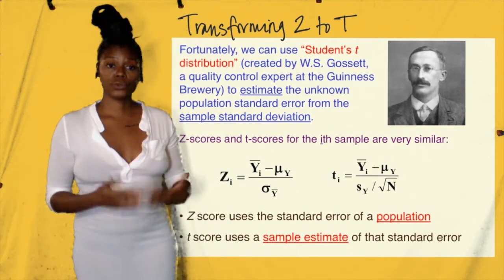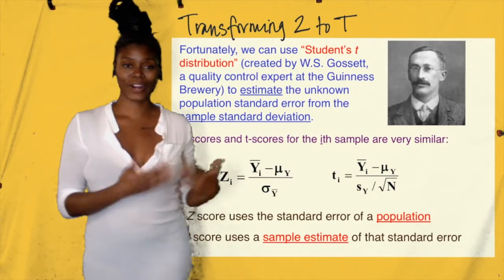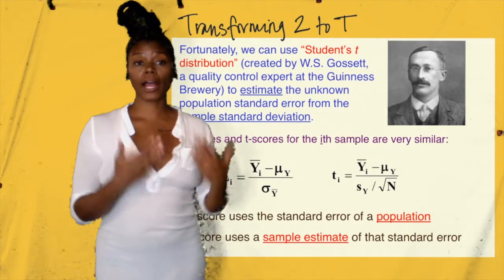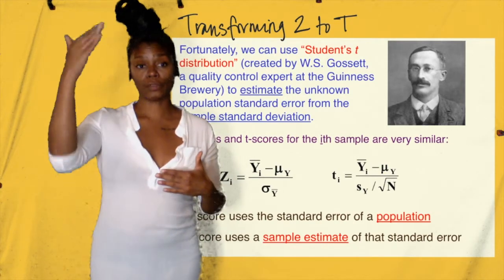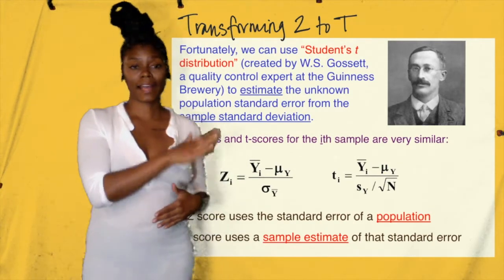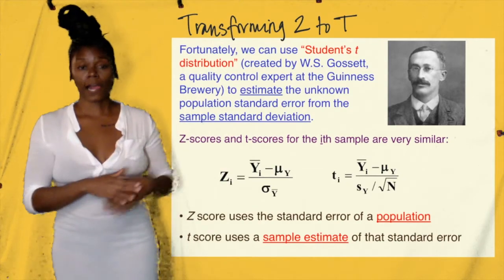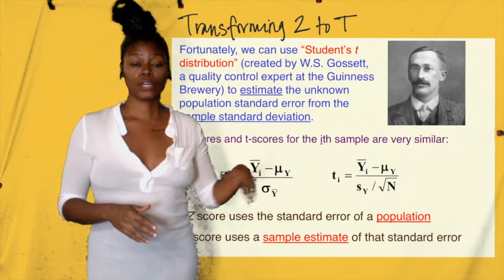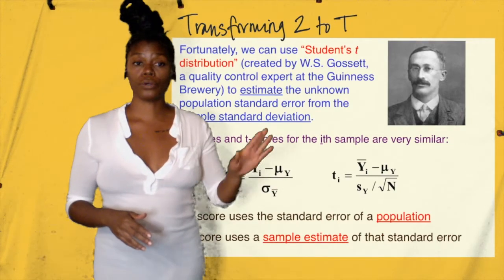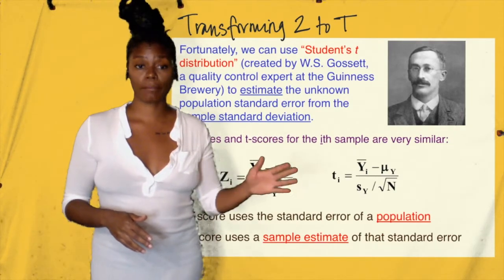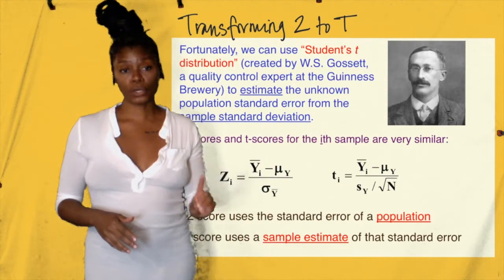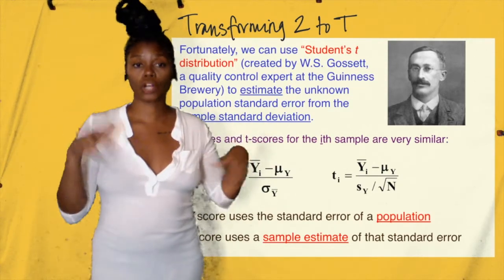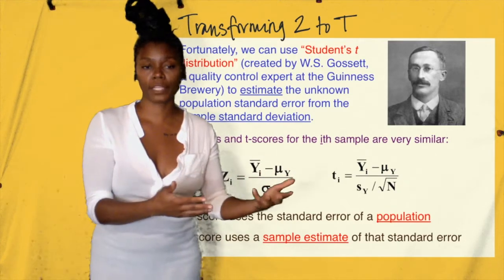So we use a t-score equation to compare against a critical value of z, and we'll come back to that concept in a second, using this formula here. T sub i equals y bar, the mean of the sample, minus mu sub y, which is the mean, the theoretical mean of the population.